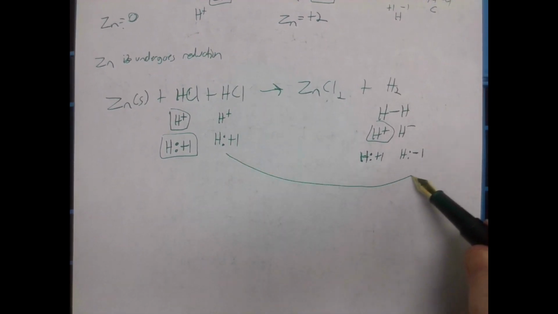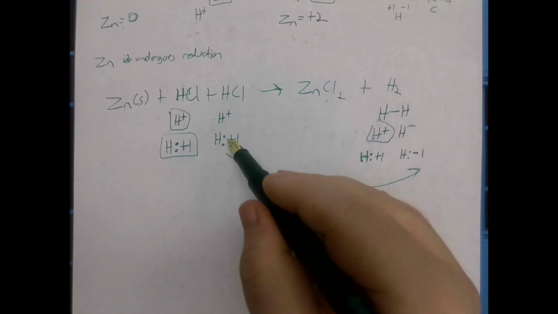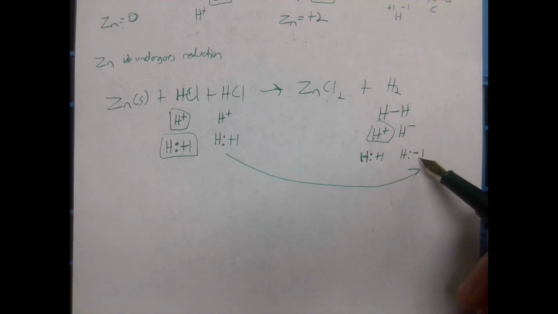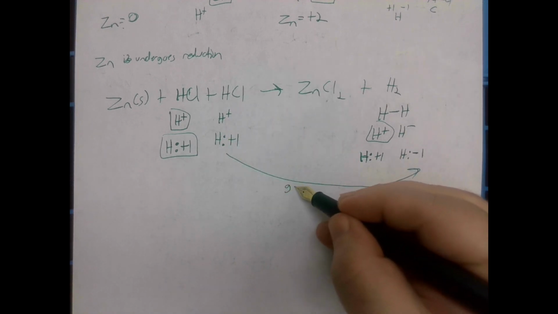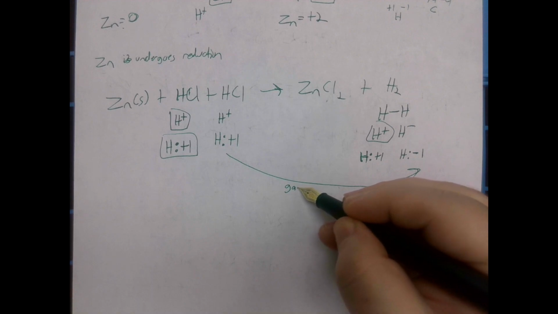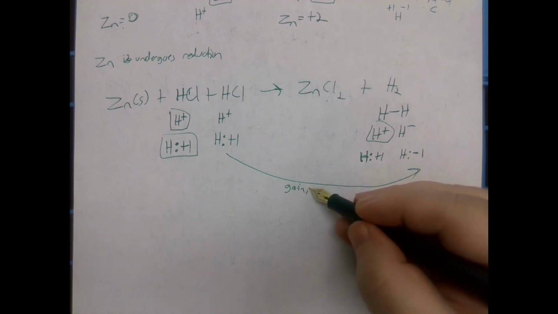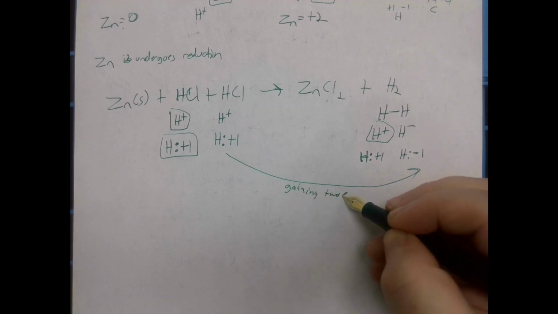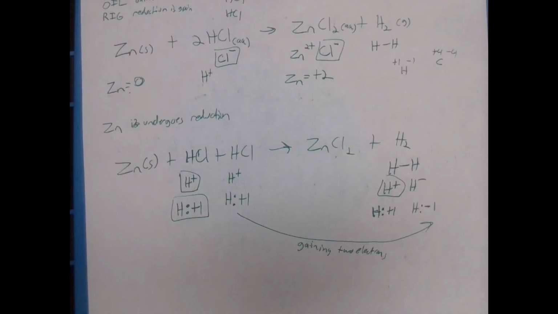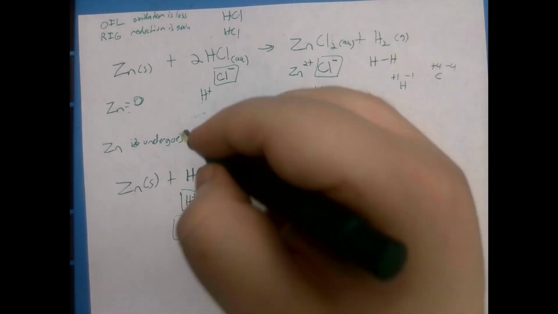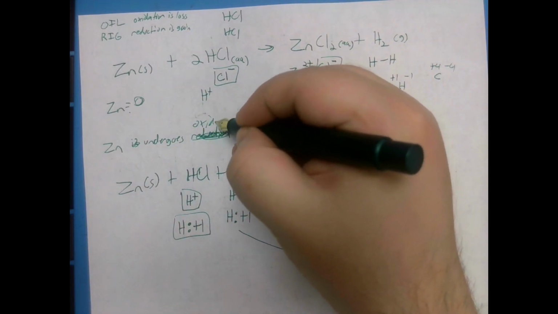What this means is this one has gone from +1 to -1 by gaining 2 electrons. And I just realized you had me confused earlier when you said reduction. Oxidation.